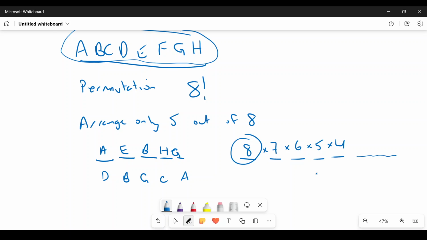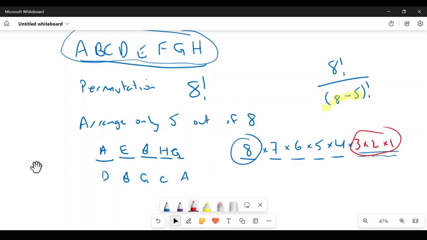So it's not technically 8 factorial, but what we can do is acknowledge that what we're missing is 3 factorial. 3 times 2 times 1 is what's missing, and that gives us this: I have 8 objects and I want to arrange 5 of them. Then what happens in the denominator, what I'm dividing by, is the stuff that doesn't get arranged.